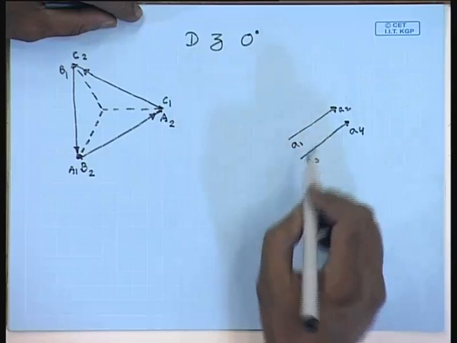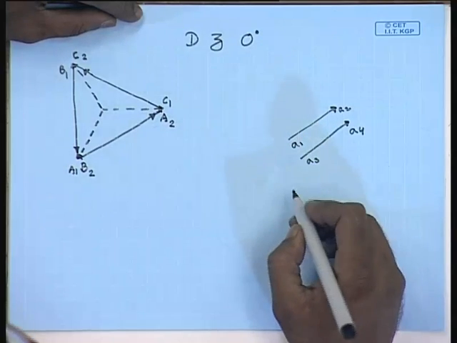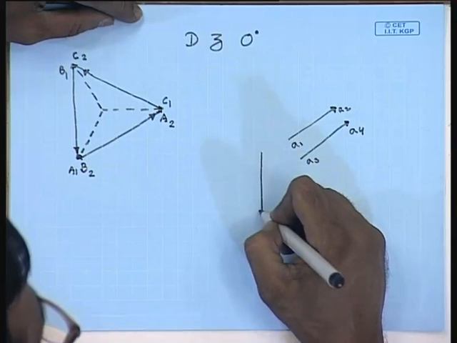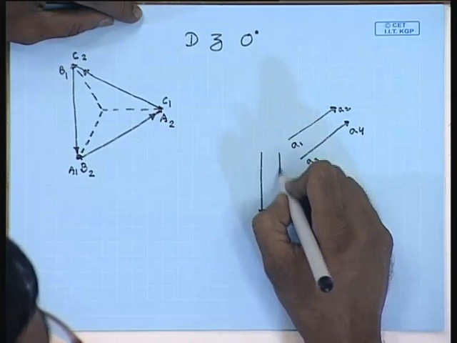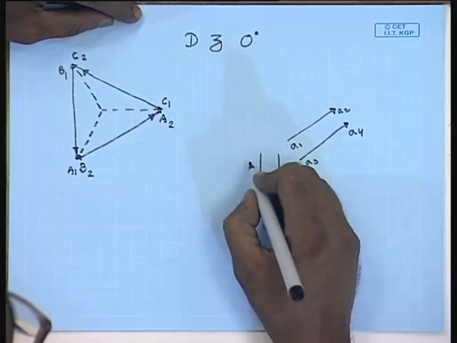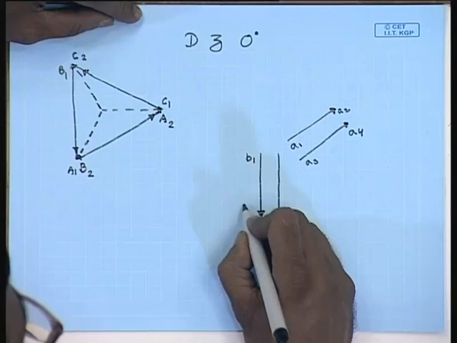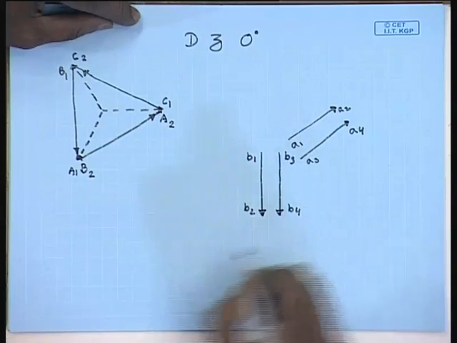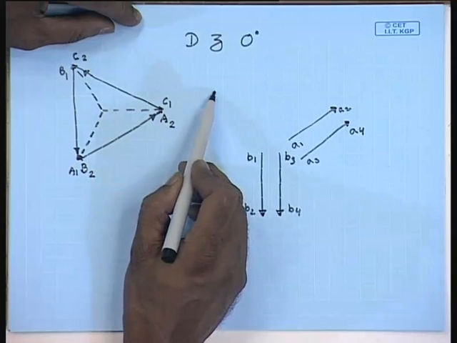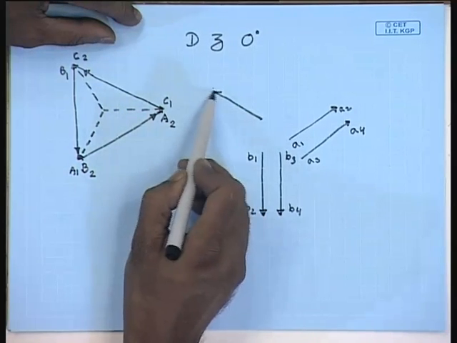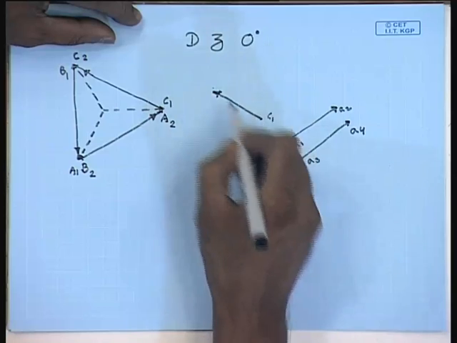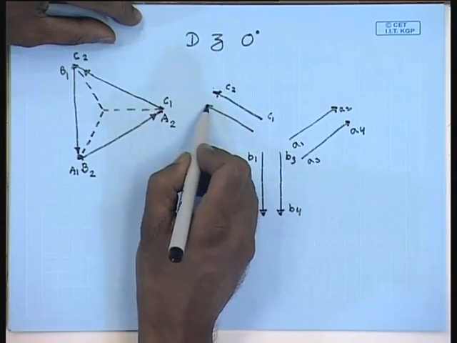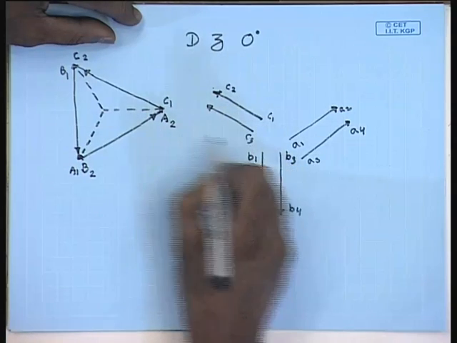Similarly, there will be two voltage phasors B1 B2 and B3 B4 and two voltage phasors C1 C2 and C3 C4.